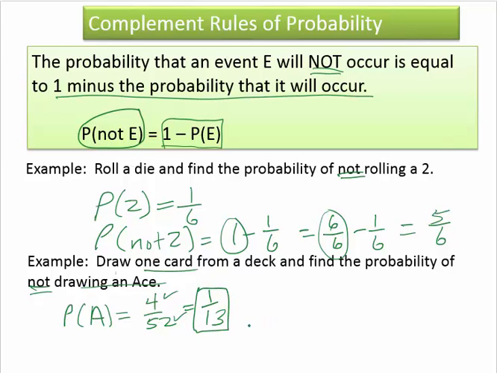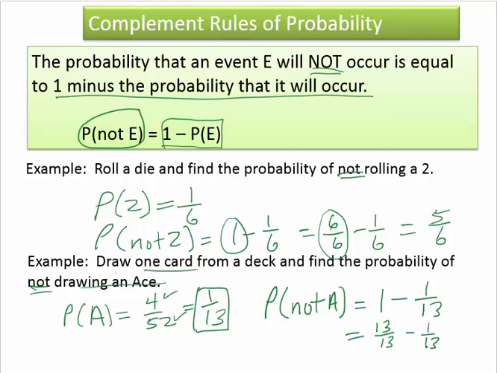So the probability of not drawing an ace is 1 minus 1/13. You can think of that as 13/13 minus 1/13, which gives us 12 out of 13. And that's called the complement rules of probability.